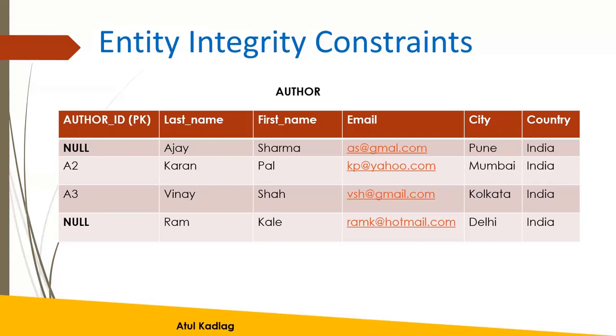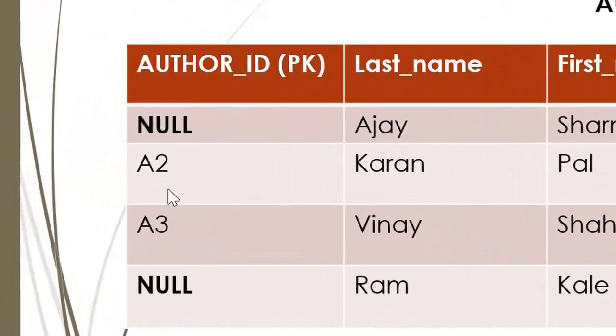This is an example of an author table where we have author ID, last name, first name, email, city, and country as columns. If you see this first column, it has two null values, the first is null and the last value is also null. Entity integrity ensures that the primary key cannot be null.